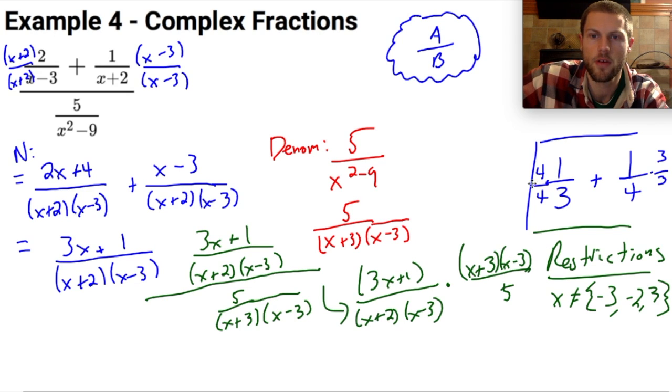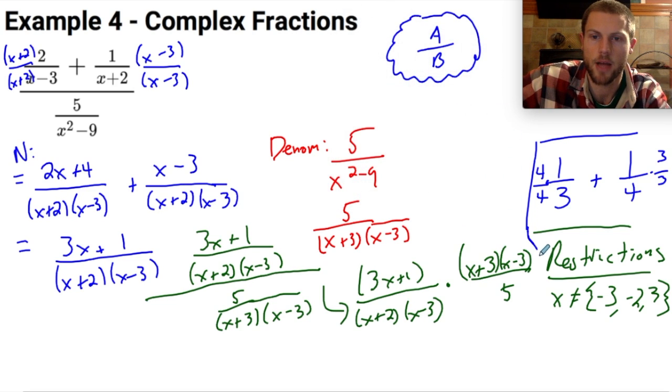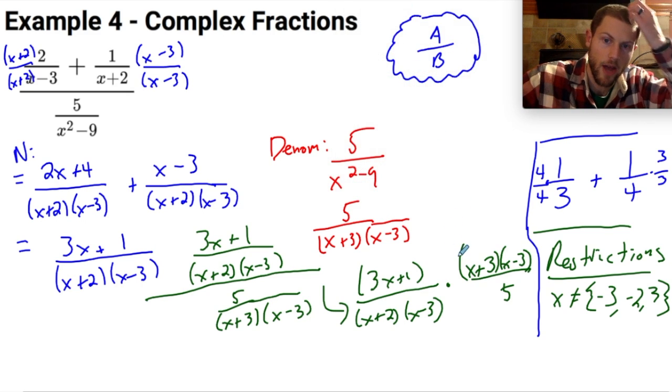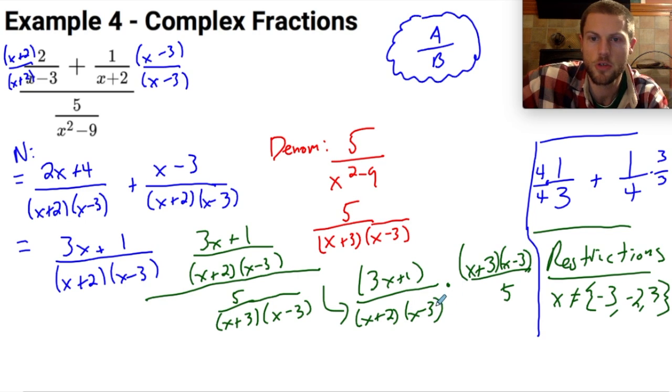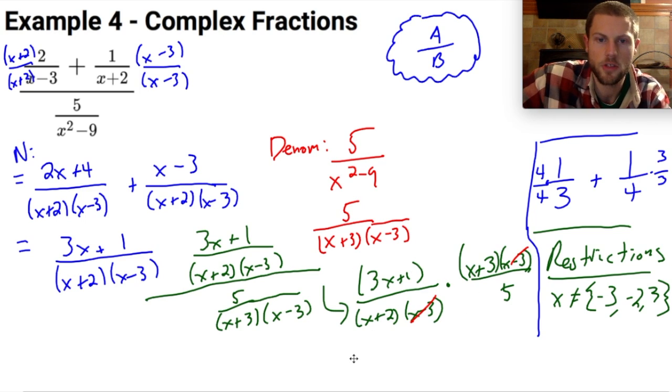And it looks like I'm encroaching on my restriction bank, so let's block that off here. All right, so I'm now multiplying these fractions, and I'm going to do just like I did before, where I can reduce any common factors. So I can reduce an x minus 3 here, an x minus 3 here, and that looks like that's going to be it. So my final solution will be the product of all of this stuff on top.